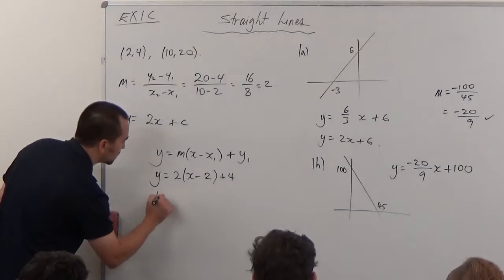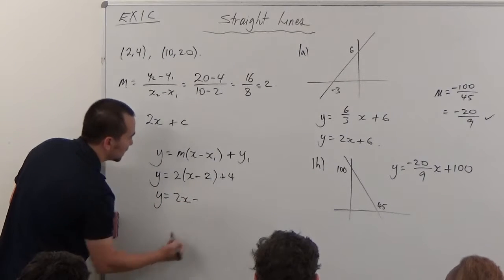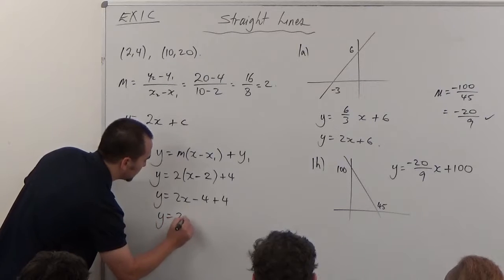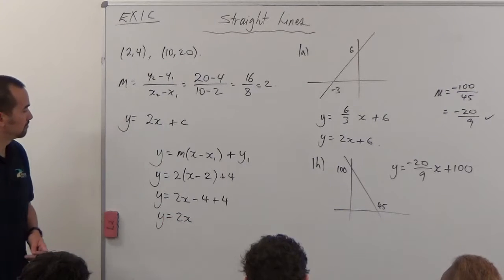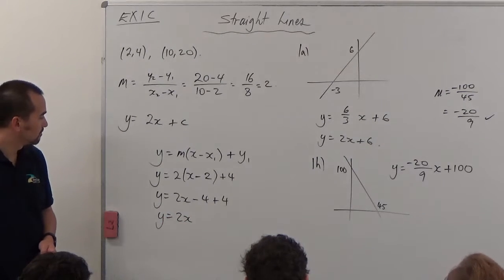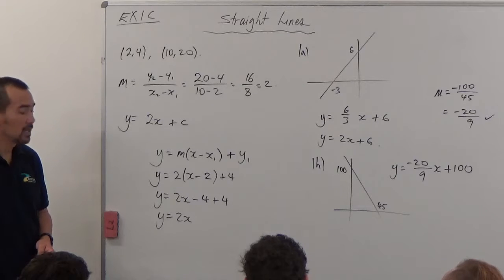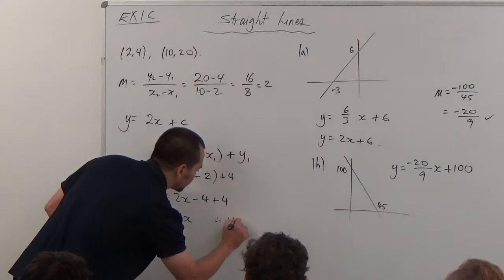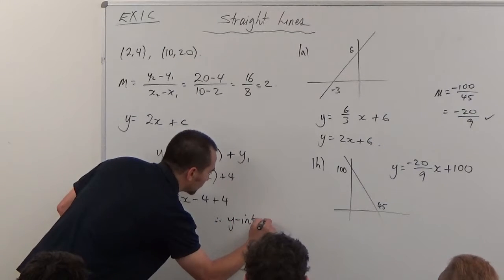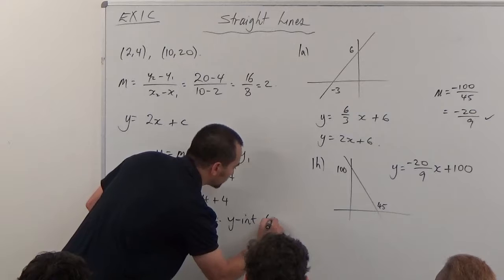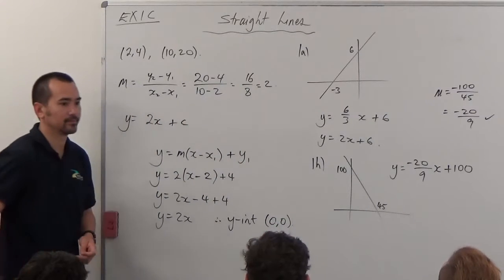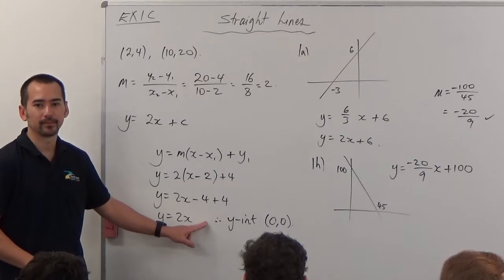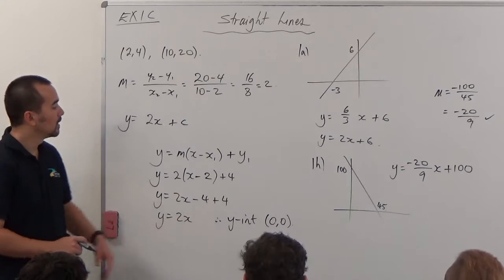And when we expand this, we get 2x minus 4 plus 4, which is 2x. So there is a y-intercept, but the y-intercept is 0. Okay, so this is 2x plus 0. So you don't even bother writing it in.